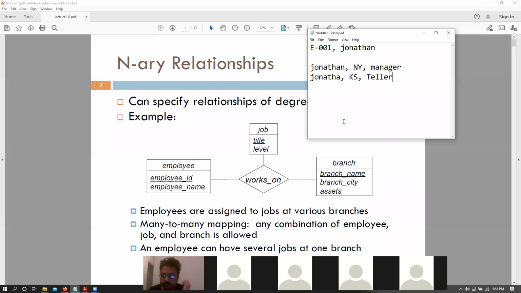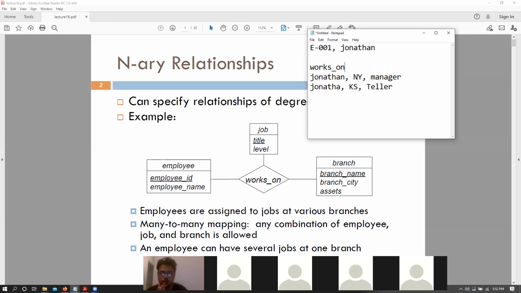Okay, so given this ER diagram, can we represent these two relations? That is the employee name, where employee ID is this thing. So employee name, branch name, and title. So can we represent these two things in the works on relation? Right.